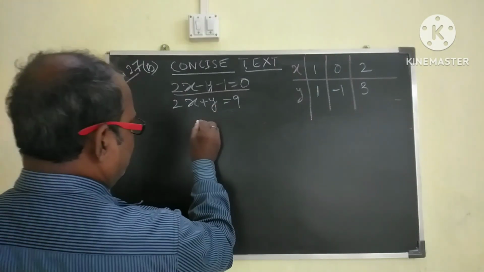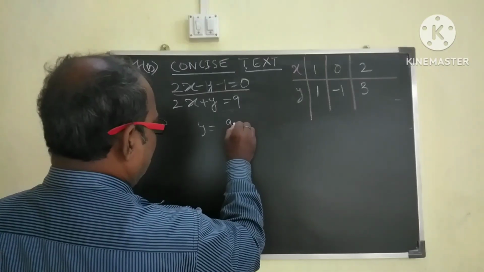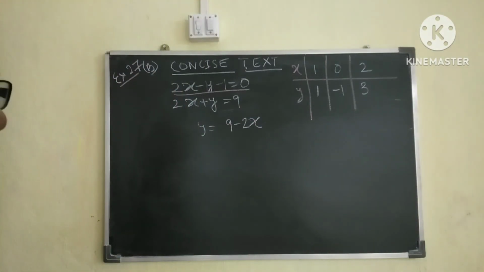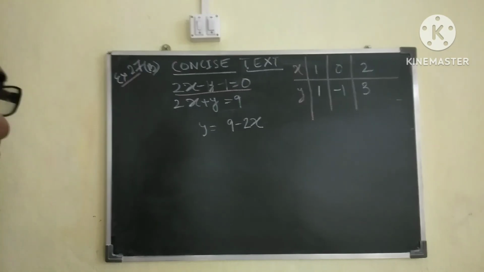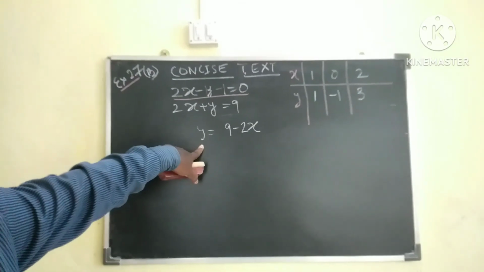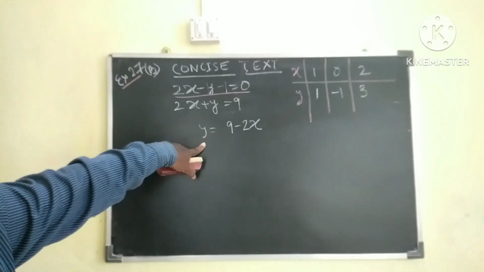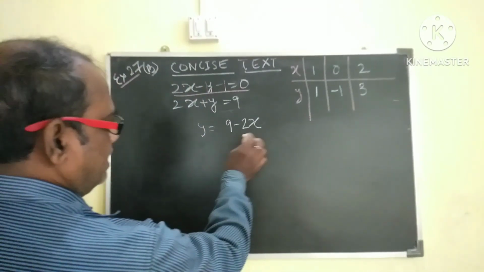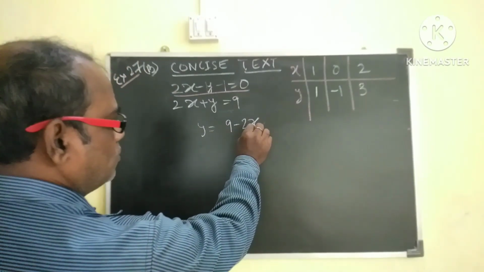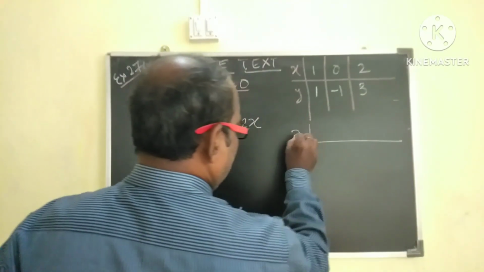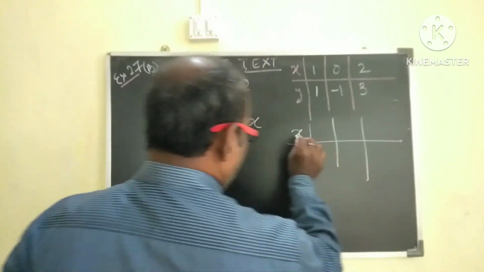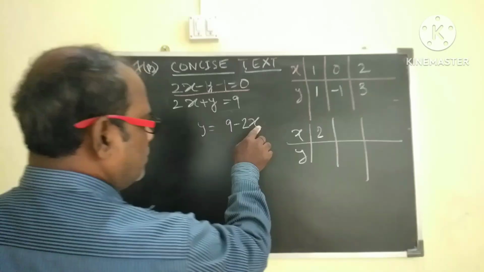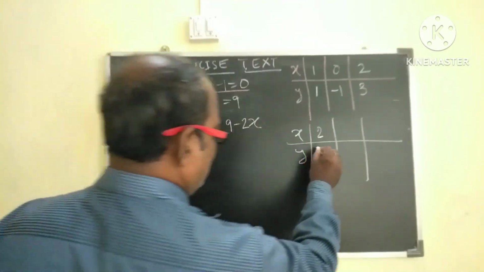So from this we can write here y equals 9 minus 2x. So y equals 9 minus 2x. Then what we have to do is, let us take here x equals 2. x equals 2, so 2 into 2 is 4, 9 minus 4, so y equals 5.